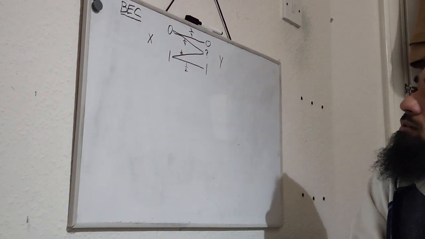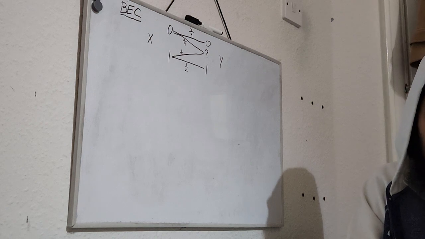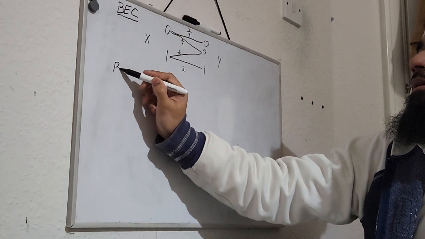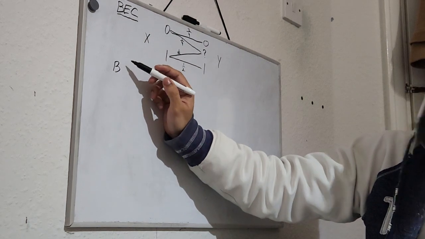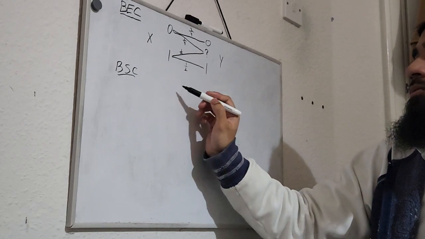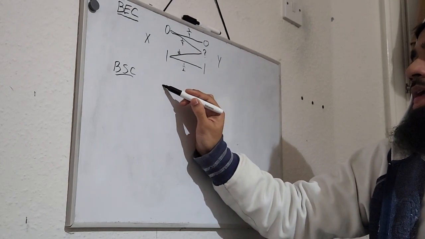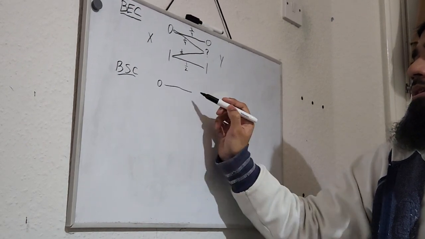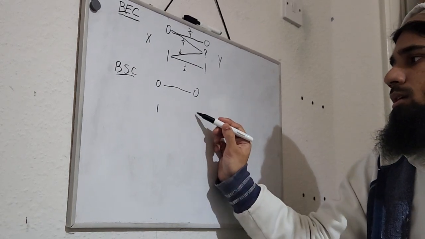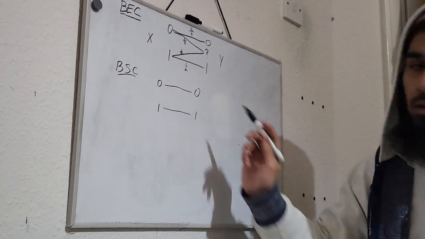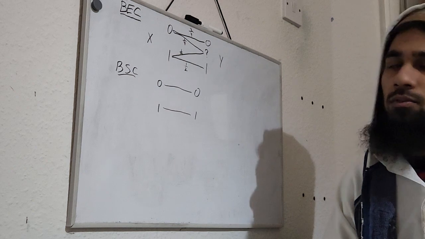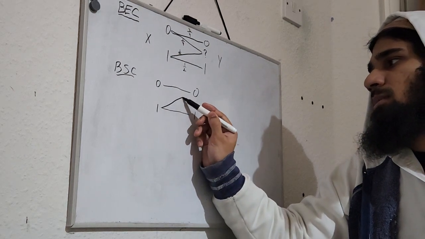Let's do another channel. That's one channel. There's another one, BSC. This one is very easy. You're sending a 0 and you get a 0, which is good. You're sending a 1 and you get a 1 in your output, which is also good. But sometimes, for this channel, you send a 1 and you might end up getting a 0.